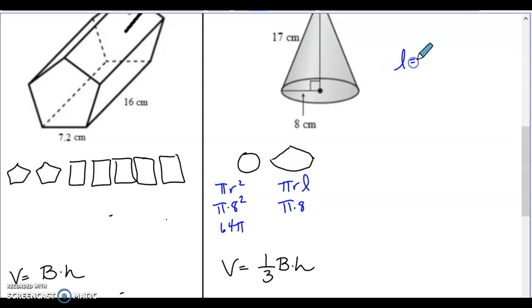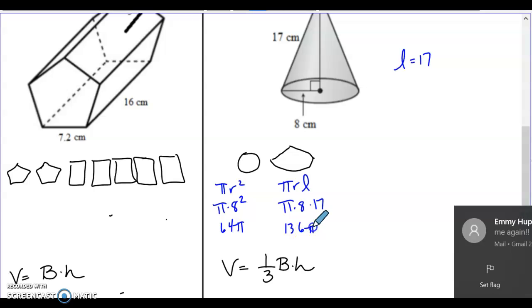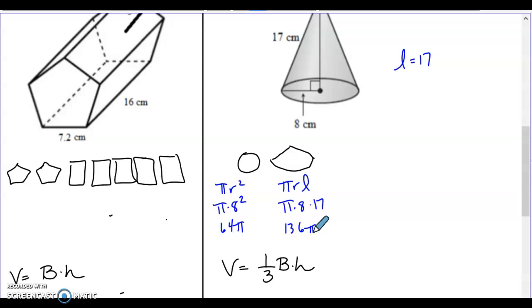So L is 17. That's the slanted one. So that would be 136 pi. Adding those two together, we would get 200 pi.